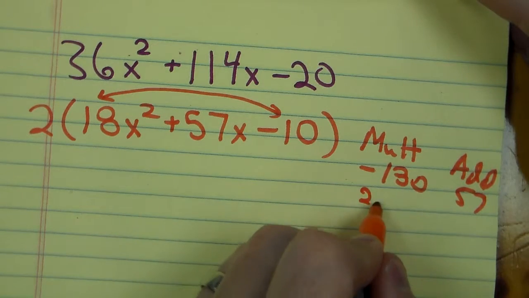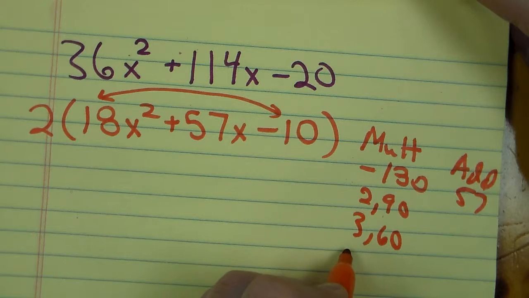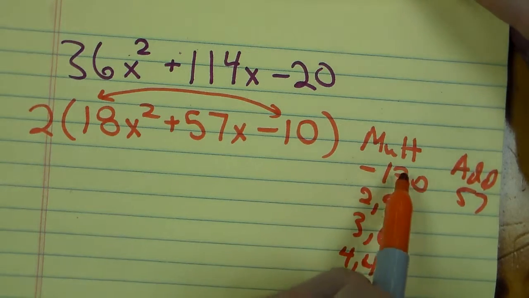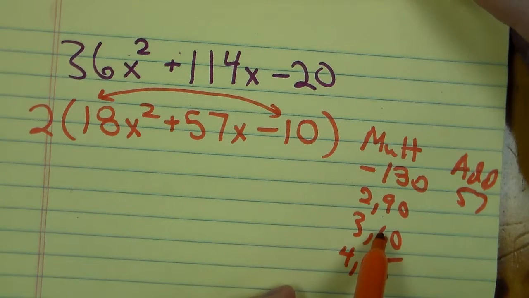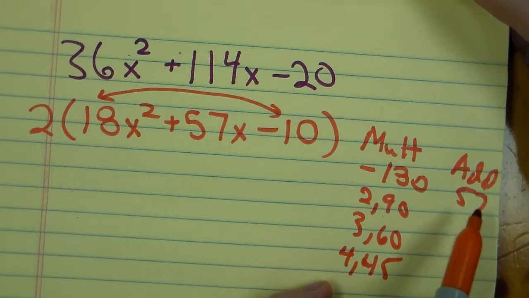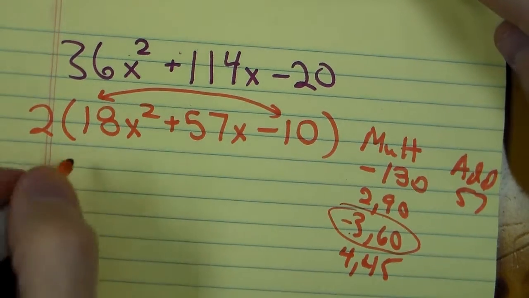Let's see, 180, we could do 2 and 90, maybe 3 and 60, 4 and 45, we could keep going, but wait a minute, if it has to multiply to be negative 180, one of these has to be positive, one's negative, so I want them to be 57 apart. This looks kind of good, because if we made the 3 negative and the 60 positive, it would add to 57. Let's go with that.